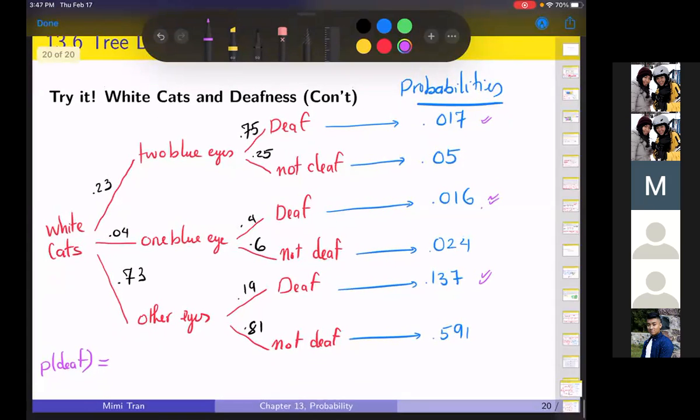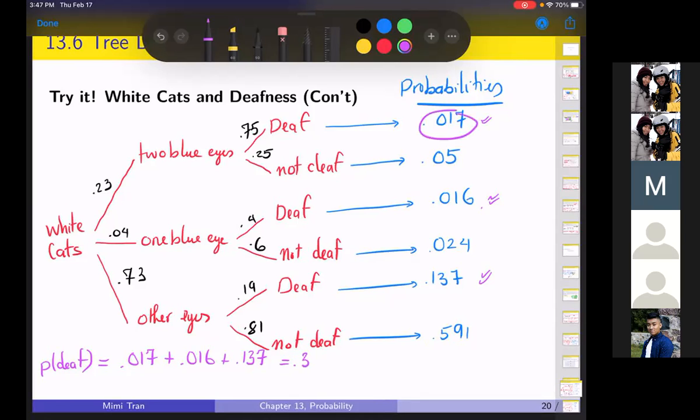All right, so P of deaf would be what? 0.017 plus 0.016 plus 0.137. What did you guys get? It can be 0.3 something. Is something wrong with this one?